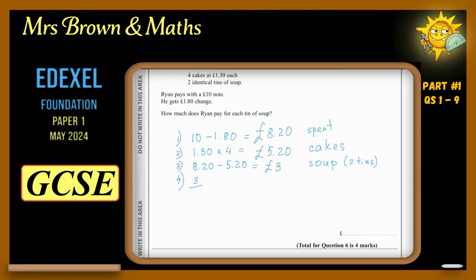Okay, the fourth mark will be given for £3 divided by 2, and it will be 1.5. And here you might lose your mark, because we're dealing with money, and we should show 2 digits after the decimal point.